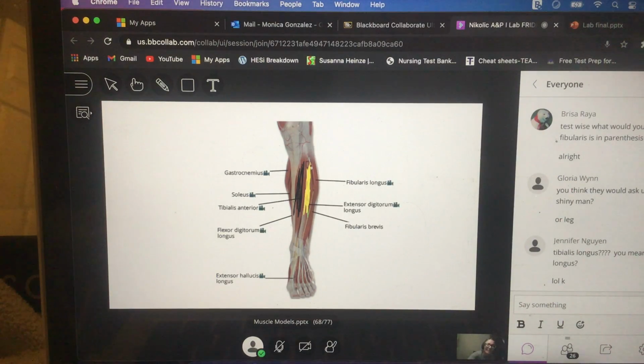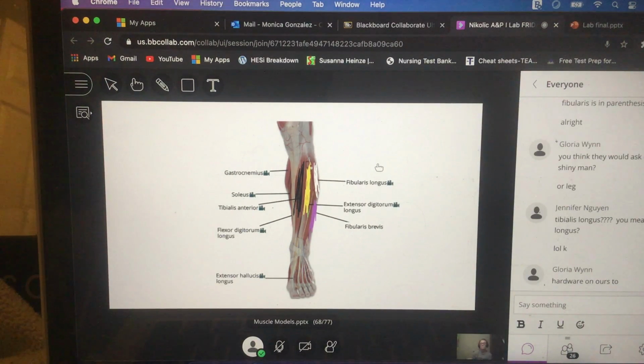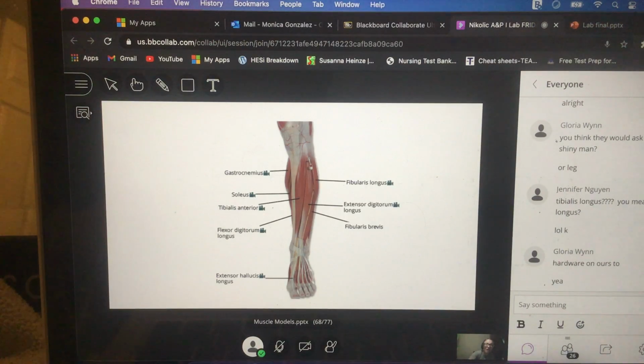And then much more laterally, the most lateral aspect here is the fibularis longus, and then the fibularis brevis. Okay, guys, you see that? Is there hardware here too? Okay, there you go. The hardware is the extensor digitorum. Yep, the extensor digitorum is the hardware on the leg.